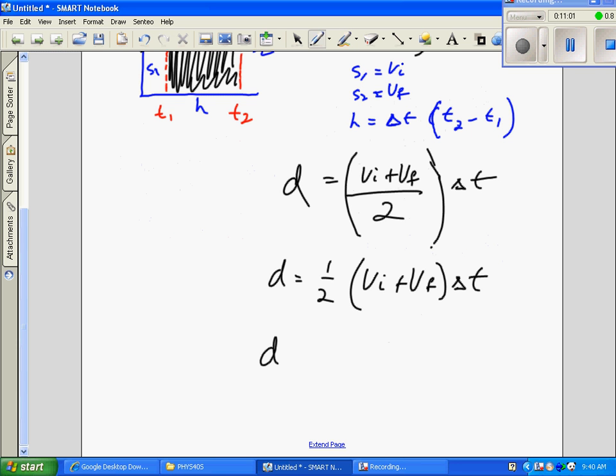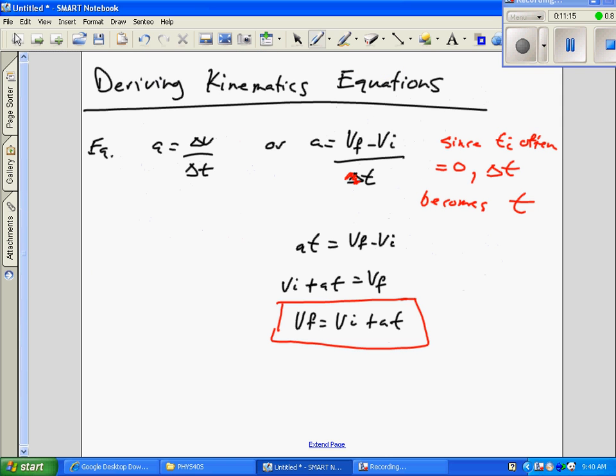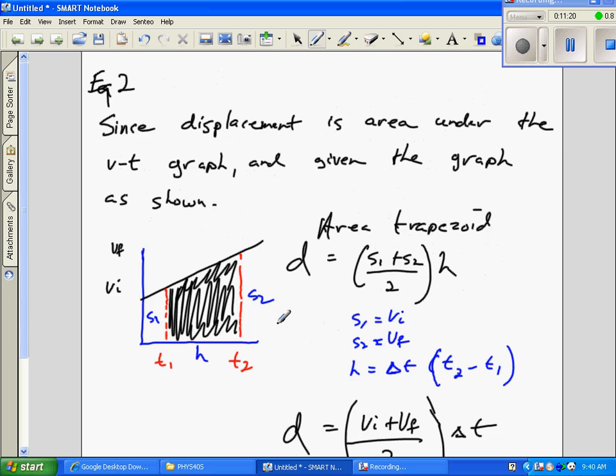Okay, now what am I going to do? I'm going to replace the VF in here with, guess what? This one. I'm going to take this VI plus AT, and I'm going to plug that in for VF.